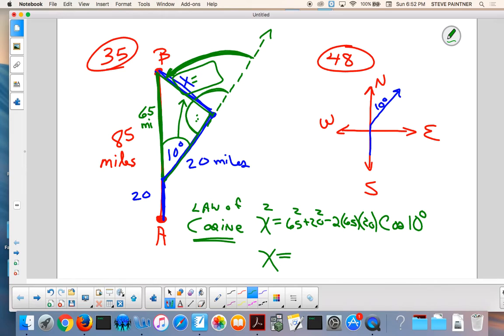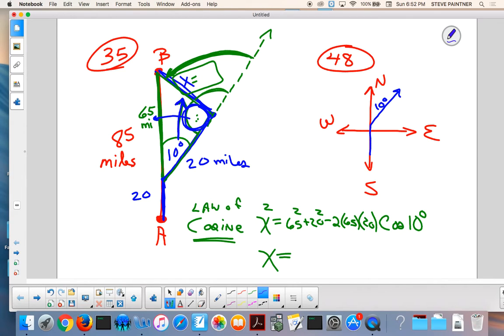Looking at this, I hope you're going with, I know 10 degrees, and now I know that side. And if I know an angle and the opposite side, I can use law of sines to get that to work with this angle and that side. So now, law of sines will get me this answer.